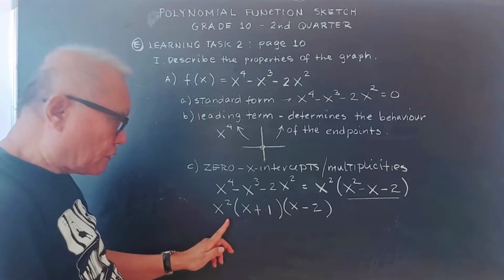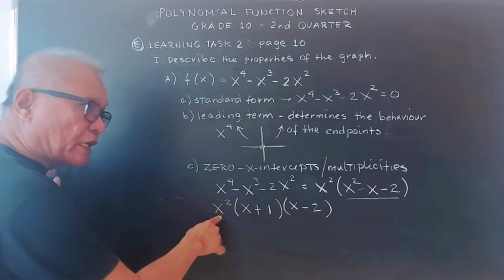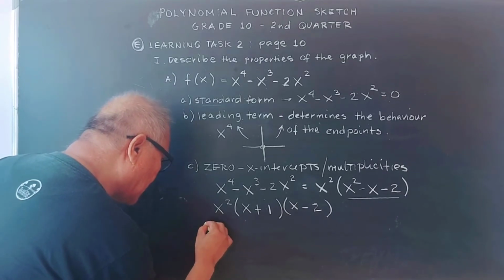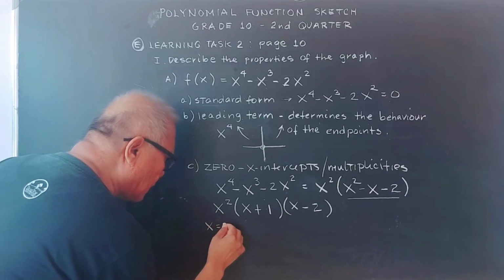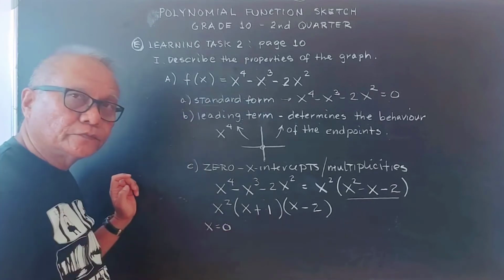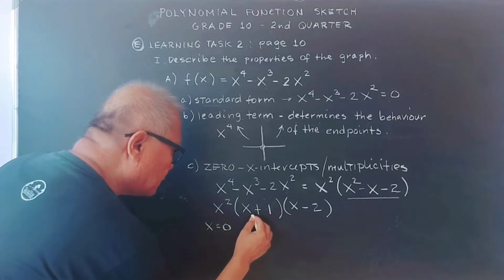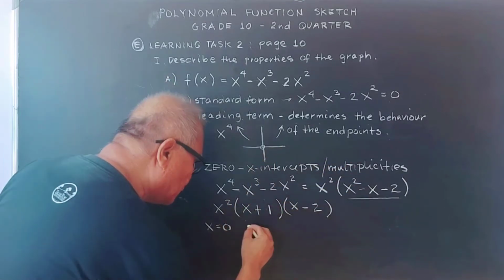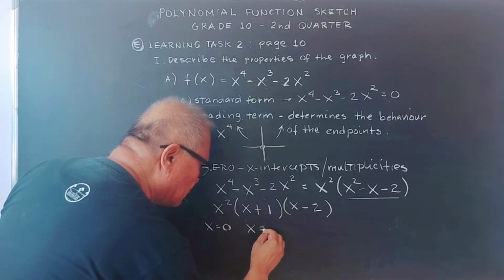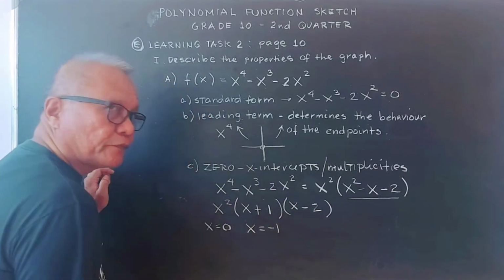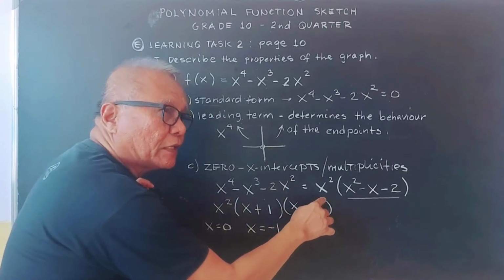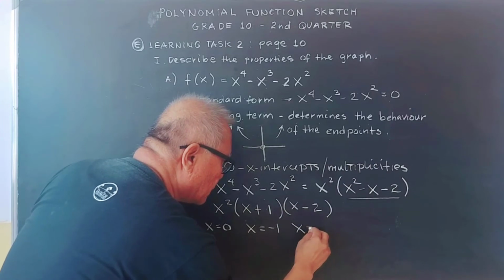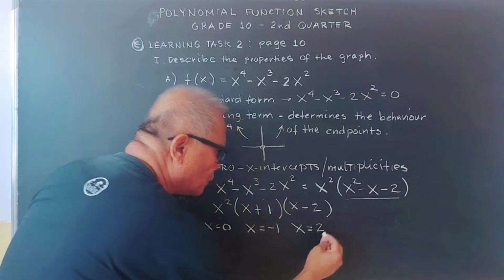Let's find the zeros. Now this one, x squared, x is equal to 0. Okay. This one, x plus 1 is equal to 0. Therefore, x is equal to negative 1. And x minus 2 is equal to 0. Solve for x, transpose. And x here is equal to 2.